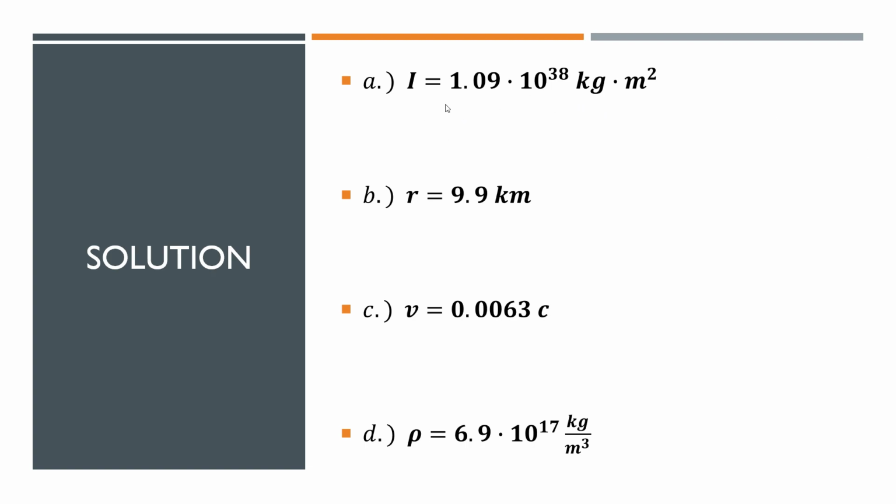In part B, we used this moment of inertia value in conjunction with the equation for the moment of inertia of a solid sphere, allowing us to solve for this radius in kilometers. And then part C and D both used this radius result, but for different things. Part C used it to get the linear speed of a point on the neutron star's equator in terms of the speed of light. And part D used this radius value to calculate the neutron star's density.